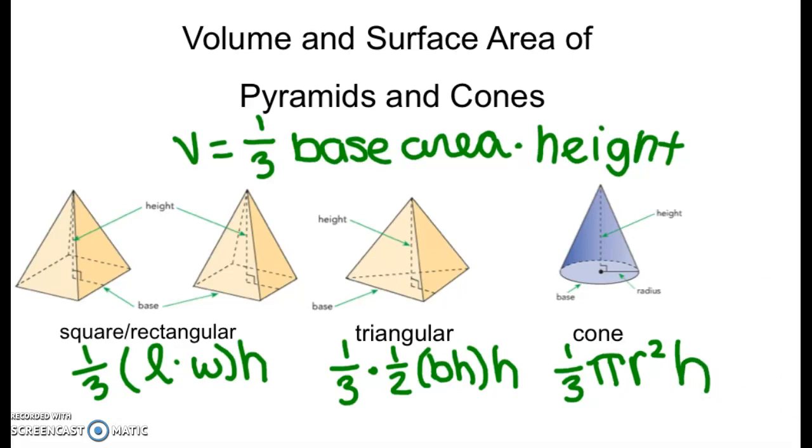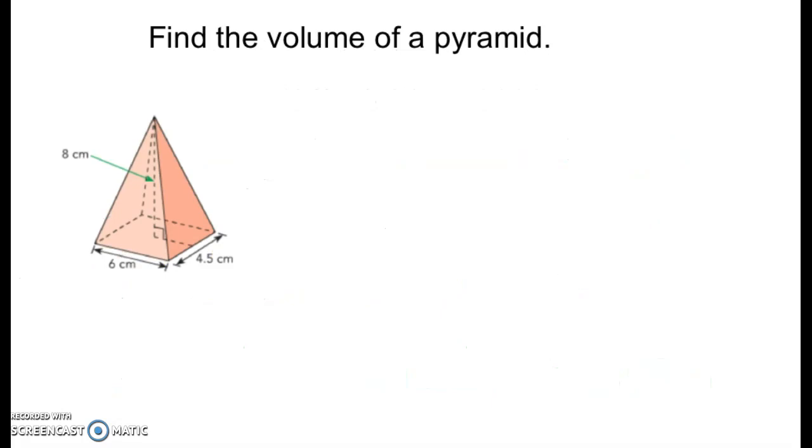Let's look at an example of finding the volume of a pyramid. So we know we're going to use the formula 1/3 times the base area times the height. So if we're looking at this pyramid, we have a rectangular pyramid. So our base area is going to be length times width.